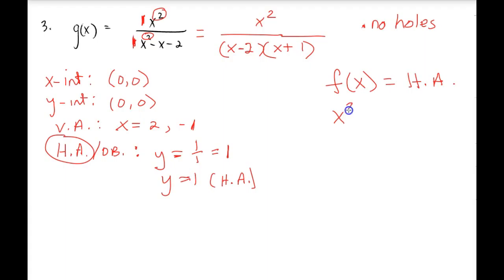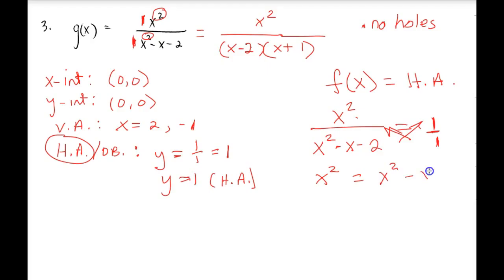We have x squared divided by x squared minus x minus 2, and we have that equal to 1 in this case. Similar to example 2 in the previous video, if I divide by 1 and cross multiply, I end up getting x squared is equal to x squared minus x minus 2.